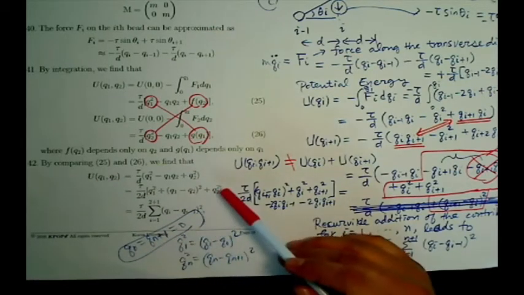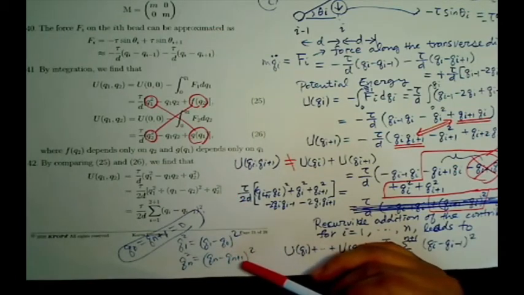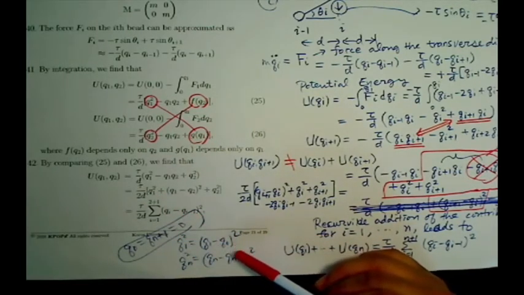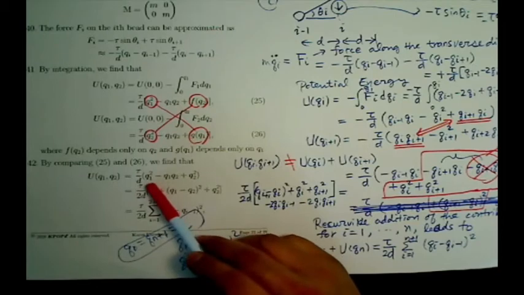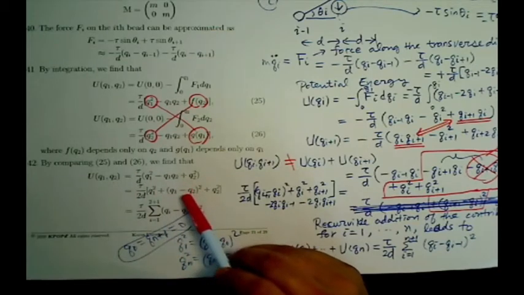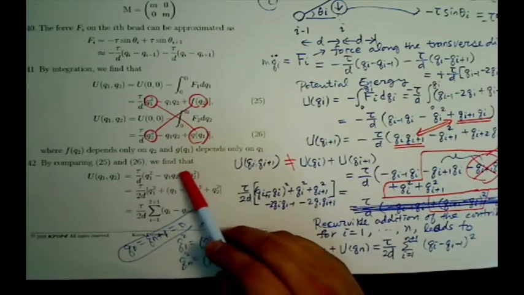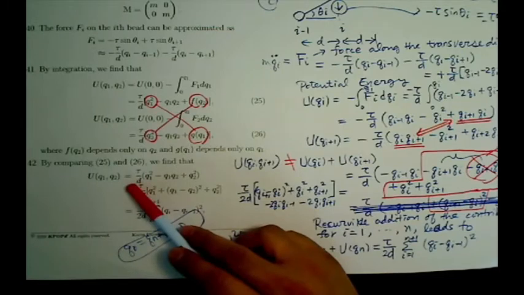So this q2 is supposed to be q2 minus q3, something like that, and the q1 is q1 minus q0. The reason why we have a factor 2 is that in order to complete the square, we multiply the number of 2's in the numerator and divide by it in the denominator.